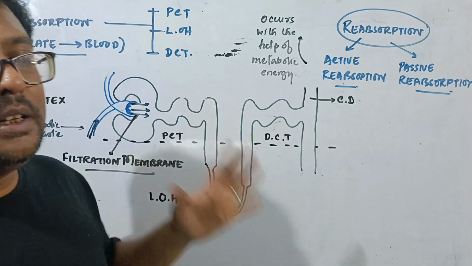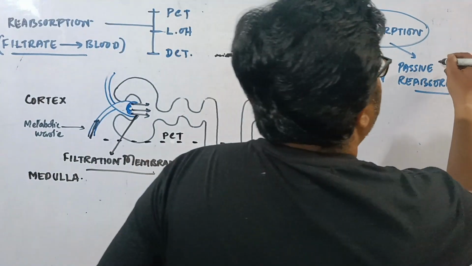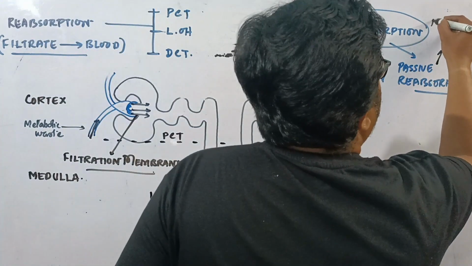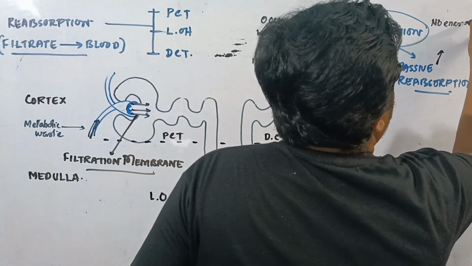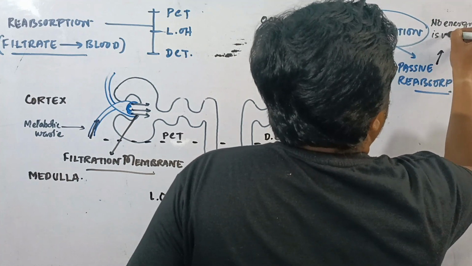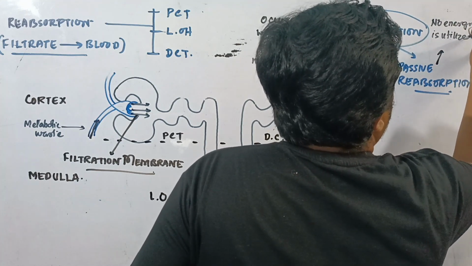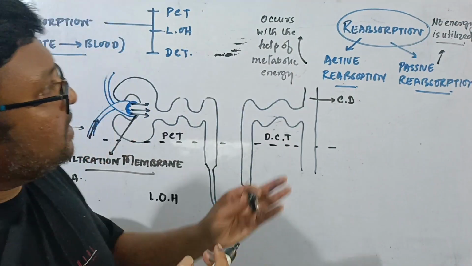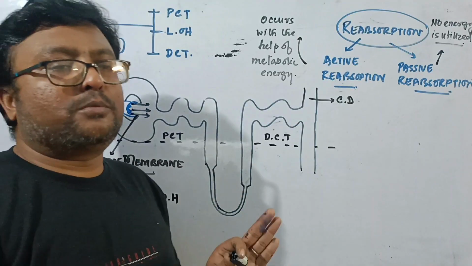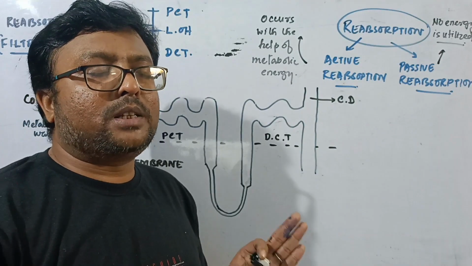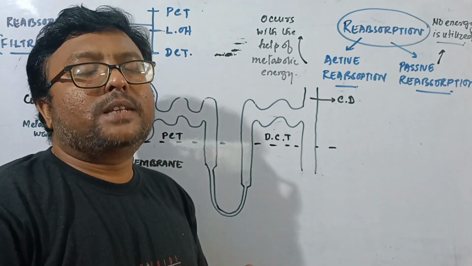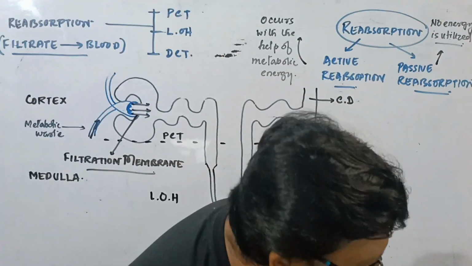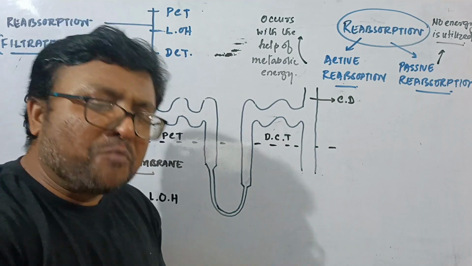And similarly, passive reabsorption. In passive reabsorption, no energy is utilized. We can say that in active reabsorption, reabsorption generally occurs against the concentration gradient. If you wish, you can write it down.